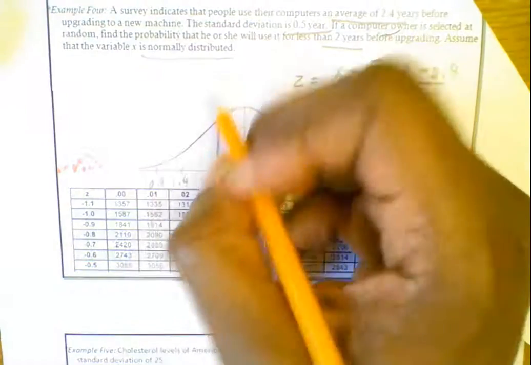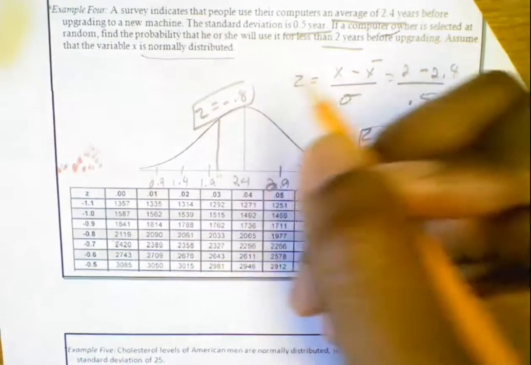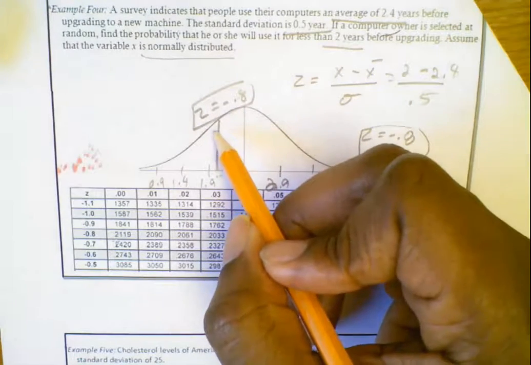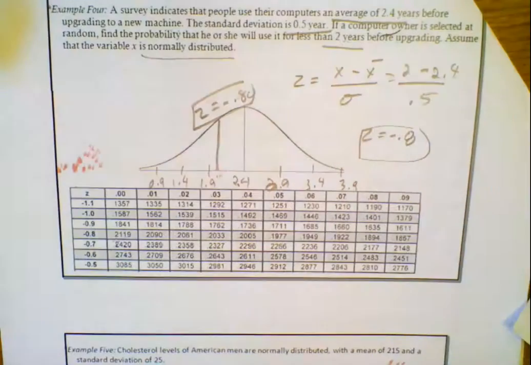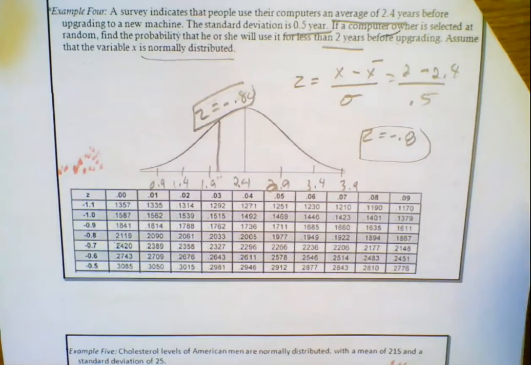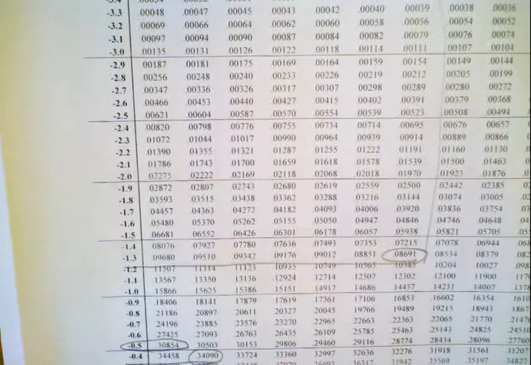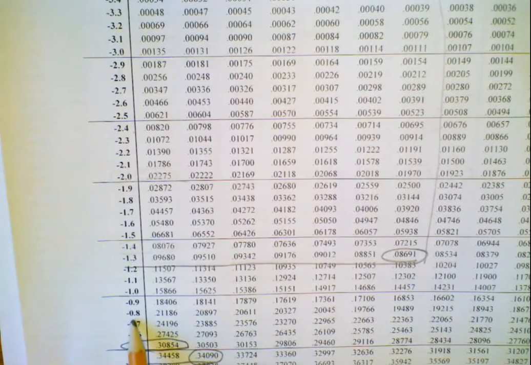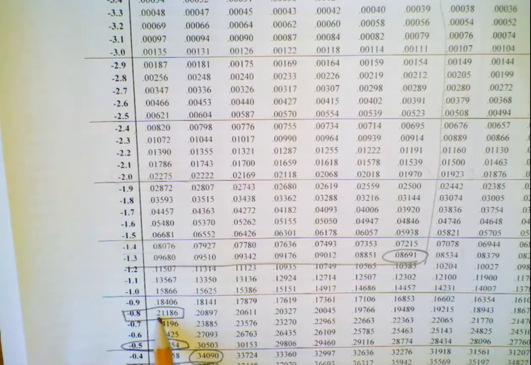So this is at z equals negative 0.8. So you want to go to the z-score table and figure out the area at negative 0.80. So here's the negative side. Here's negative 0.8. It's negative 0.80. So that's 0.21186.